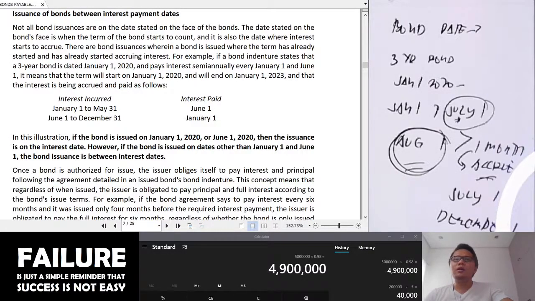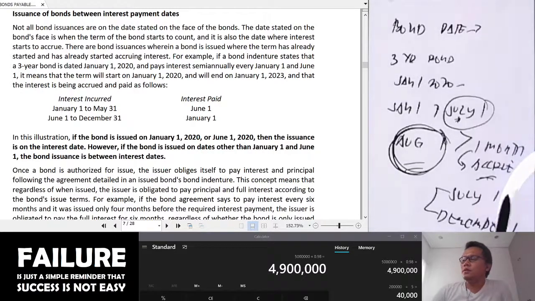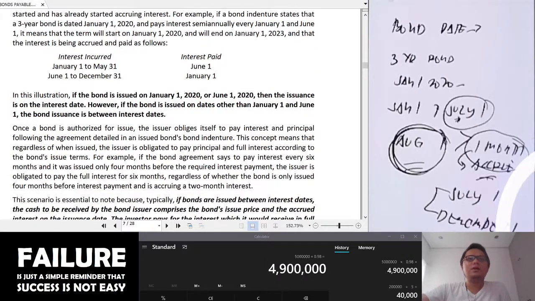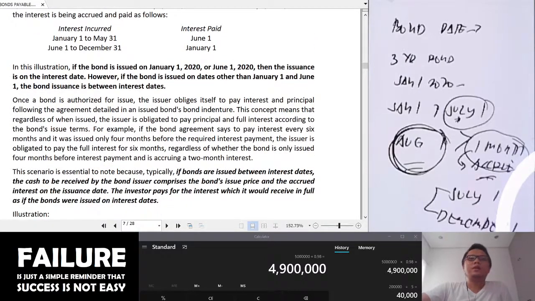Pero yun nga, nag-invest siya or the bond has been issued on August. So kahit pa ganun, cover pa rin niya yung full 6 months. So, in essence, investor ngayon, in substance, babayaran niya itong 1 month na interest.